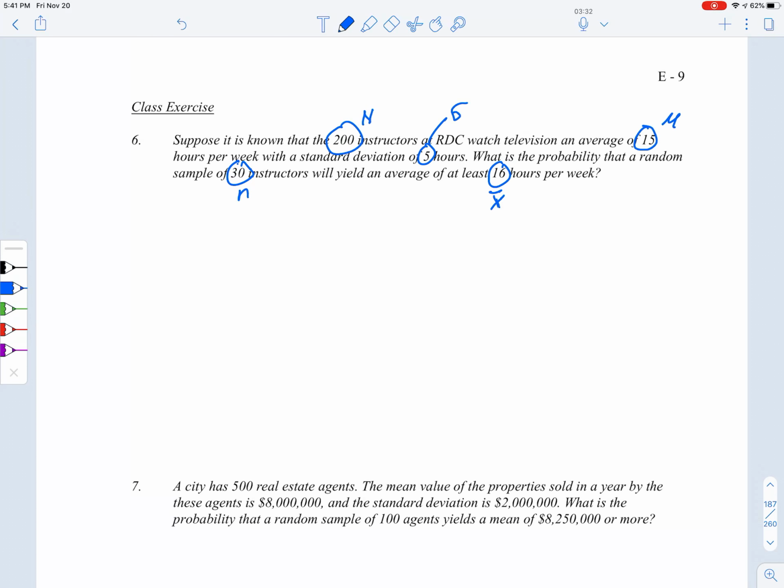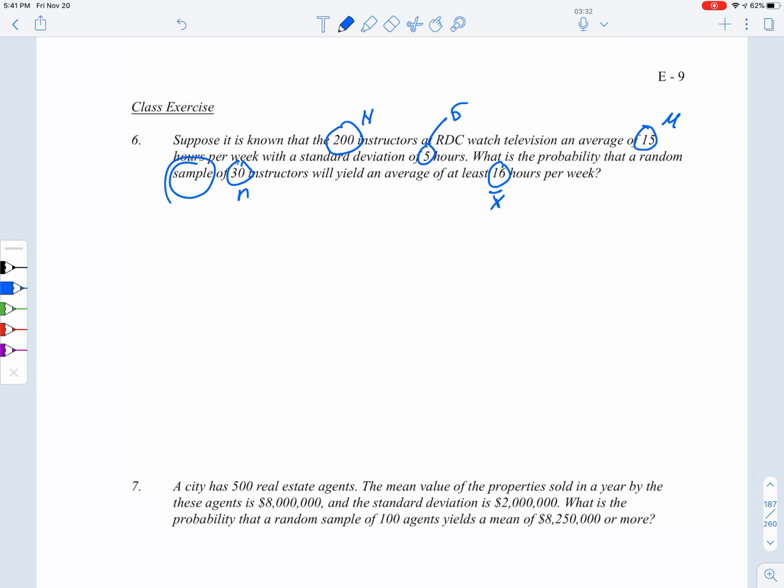Then the next sentence is where we introduce the sample. This is a really important word, because that tells us now that we're using sample statistics. So we've got a sample of little n equal to 30 and an x bar equal to 16.